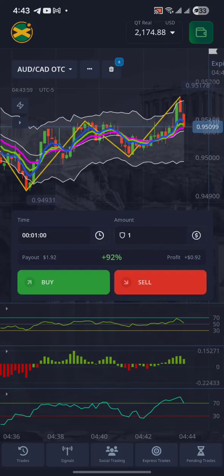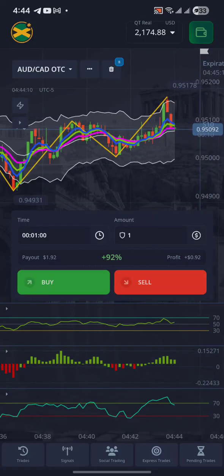Alright, it looks like we can get a no wick going down. The EMA then EMA cross. Now come out of the rut.